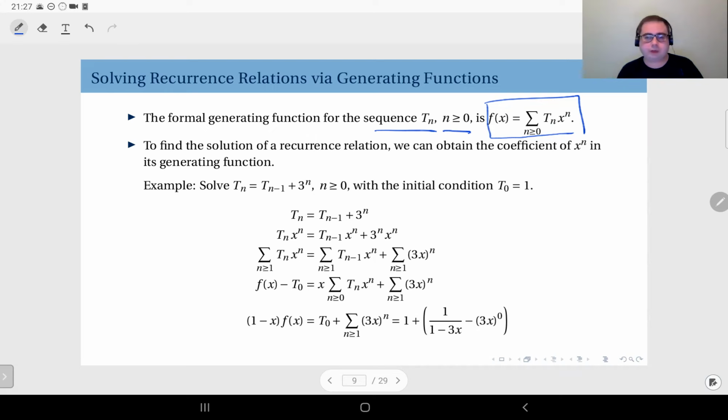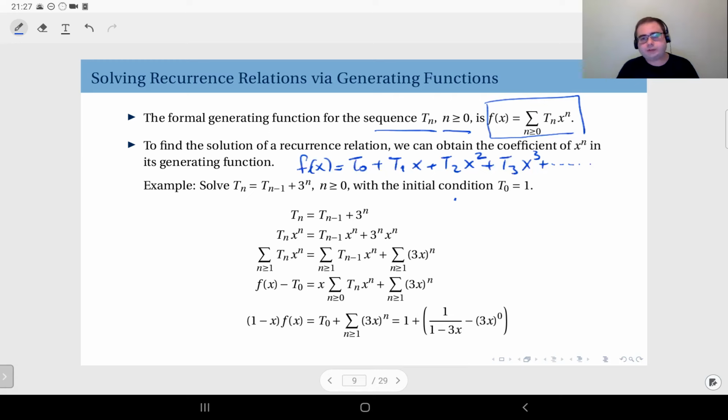So for any sequence, if you remember, you can define a generating function. And in this case, our generating function is of the form t0 times x to power 0 plus t1 x to power 1 plus t2 x to power 2 plus t3 x to power 3 dot dot dot. Okay, it's an infinite sum, and this is the function.